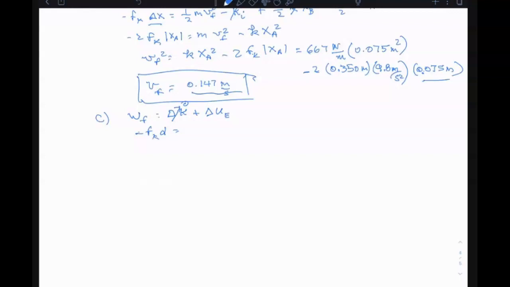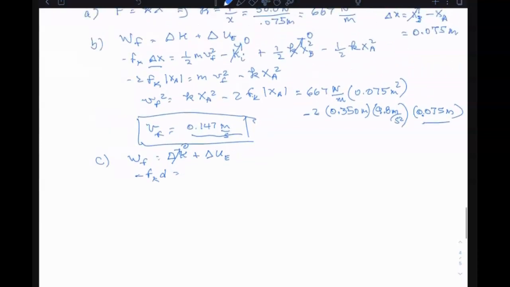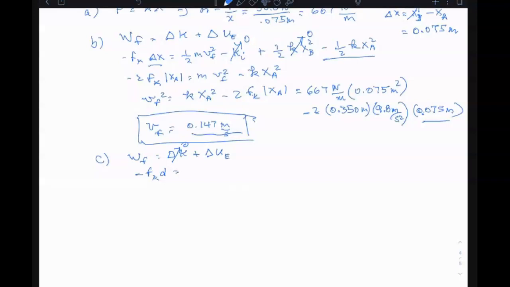And the change in the elastic potential energy is the same as the change in the elastic potential energy that we had in part B, and we found that to be minus 1/2 k xa squared.